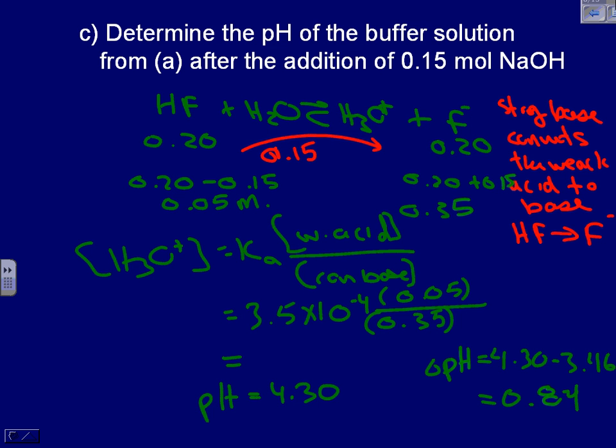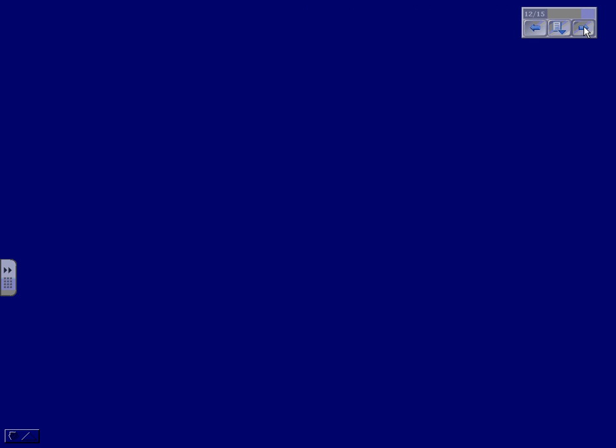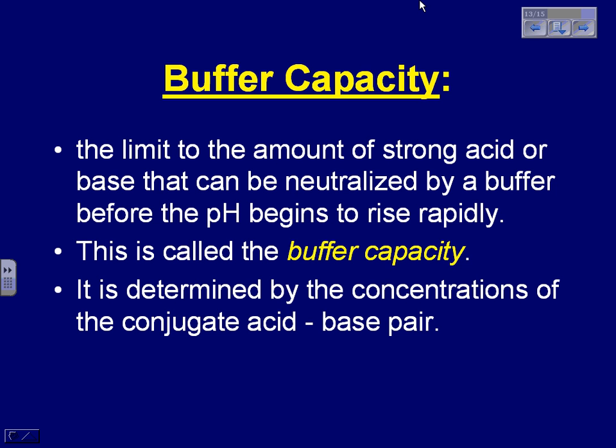Let me just jump ahead to a slide that I do want to talk about at this point in time. We'll come back to the other problem. Buffer capacity. You can write that down now.